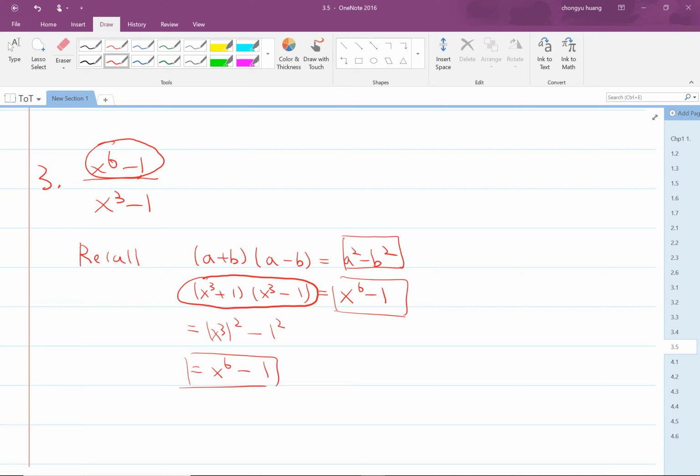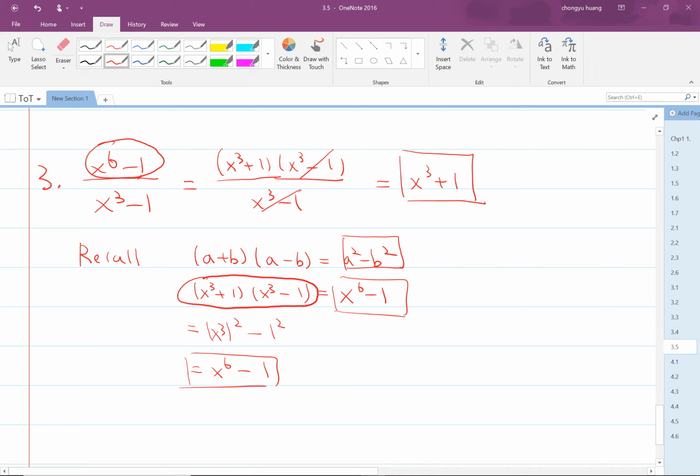Over here we write x to the power 3 plus 1 and x to the power 3 minus 1, and on the bottom we have x to the power 3 minus 1. So x to the power 3 minus 1 gets cancelled, and all that is left is x to the power 3 plus 1. Okay, so this is the solution for question 3.